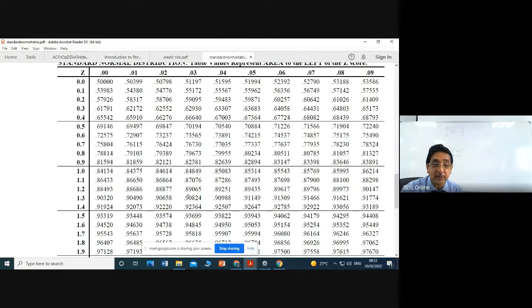Then the answer is 0.89065. So this is the answer for that. Now these are really the Z figures, so the particular figure is given here. So N(1.23) is this amount.